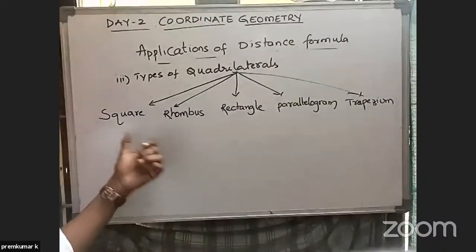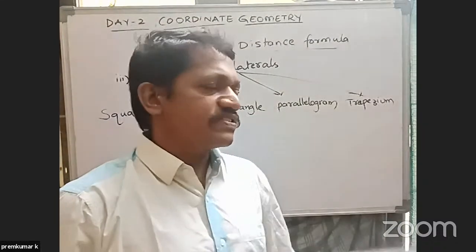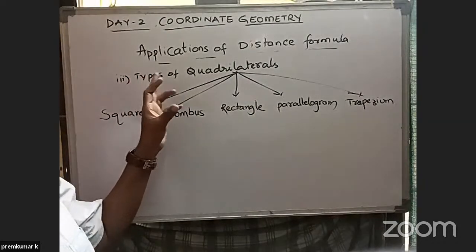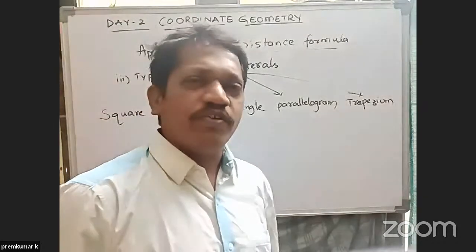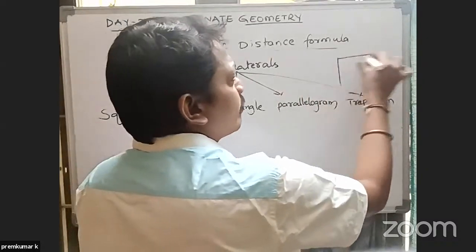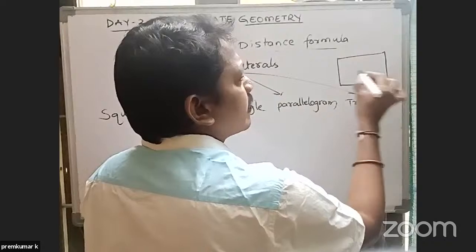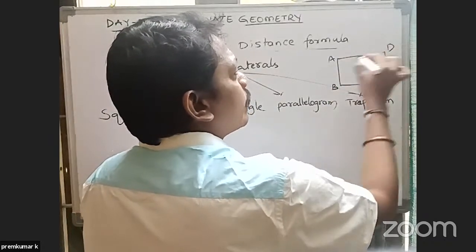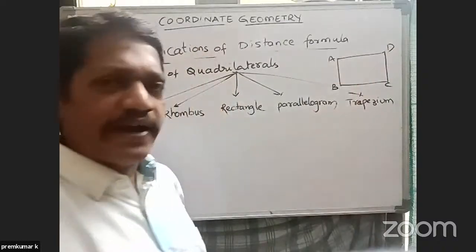Okay, these we will discuss in this. If it is which type of quadrilateral, so how many vertices are given? You will be given 4 vertices, 4 points.